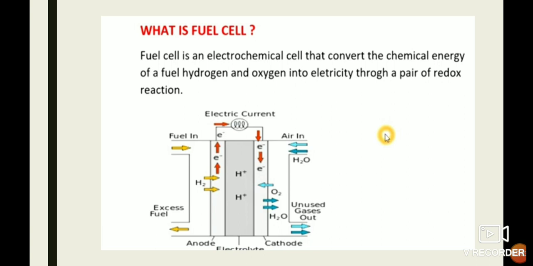Second type of fuel cell: the alkaline fuel cell. This was discovered by Thomas Bacon in 1960. He worked with NASA to generate power for satellites and space capsules. Then applications of fuel cells: mostly used for primary and backup power for commercial, industrial and residential buildings and in remote and inaccessible areas.